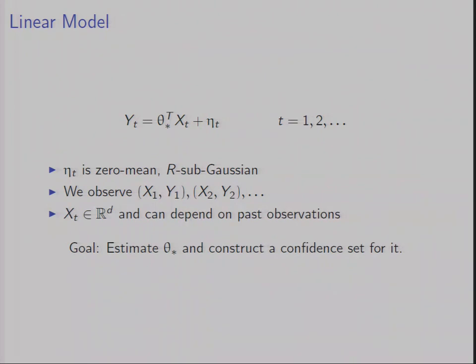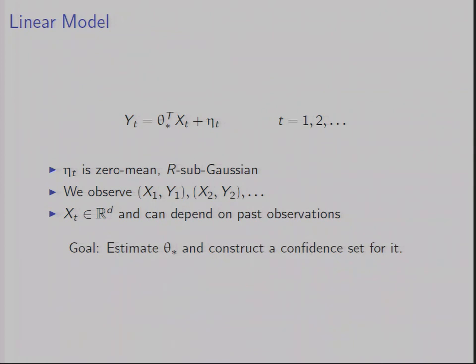So the noise is zero mean and it's sub-Gaussian. So essentially what we observe are pairs x, y. So it's a standard regression problem, and what we want to do is estimate theta star given these observations and build a confidence set for it.